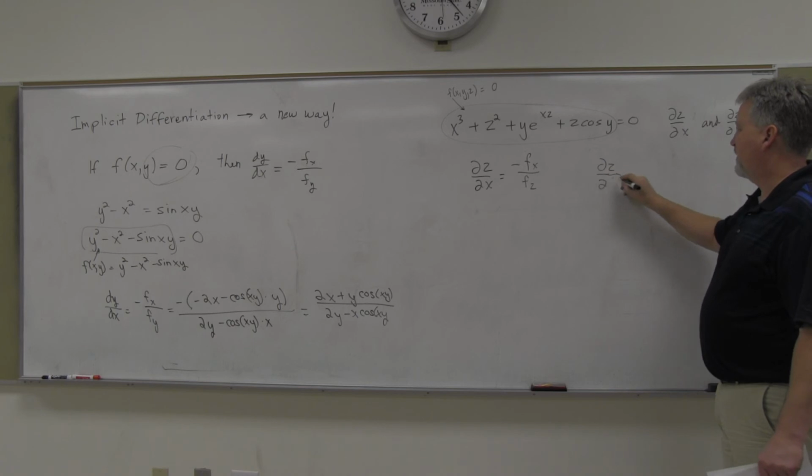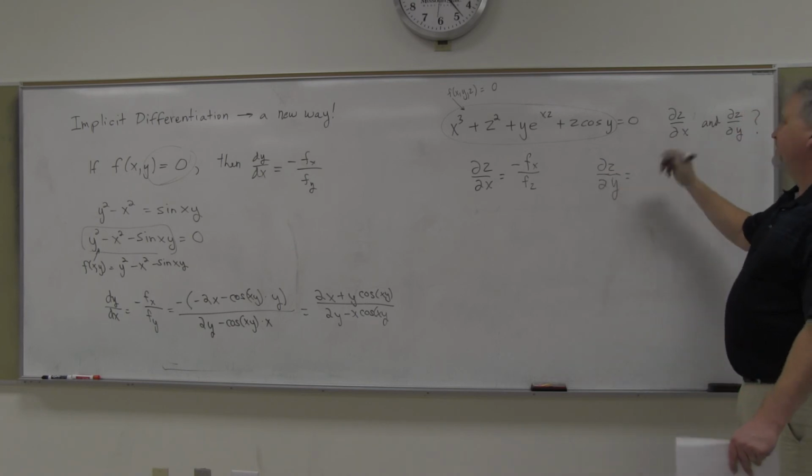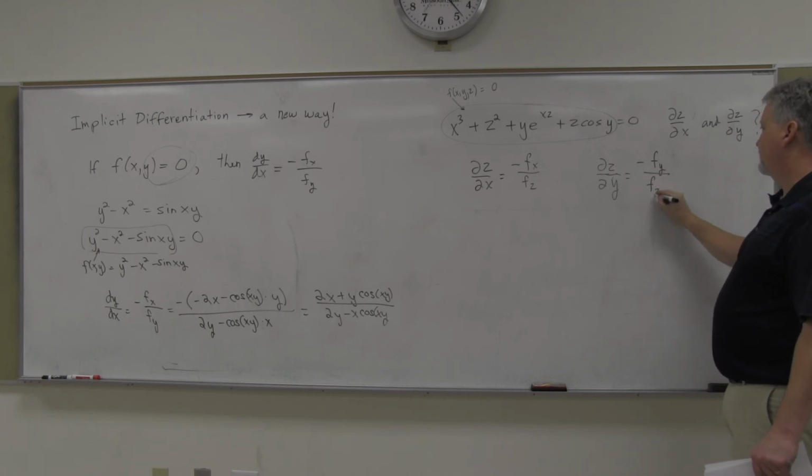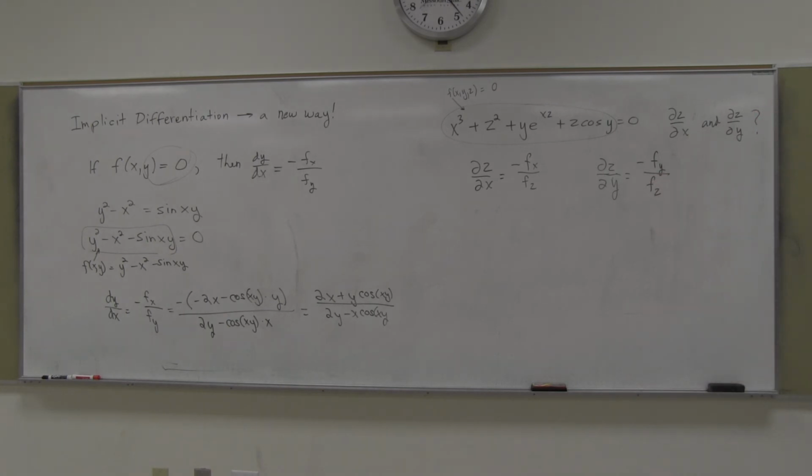Partial of z with respect to y is negative f with respect to y over f with respect to z.